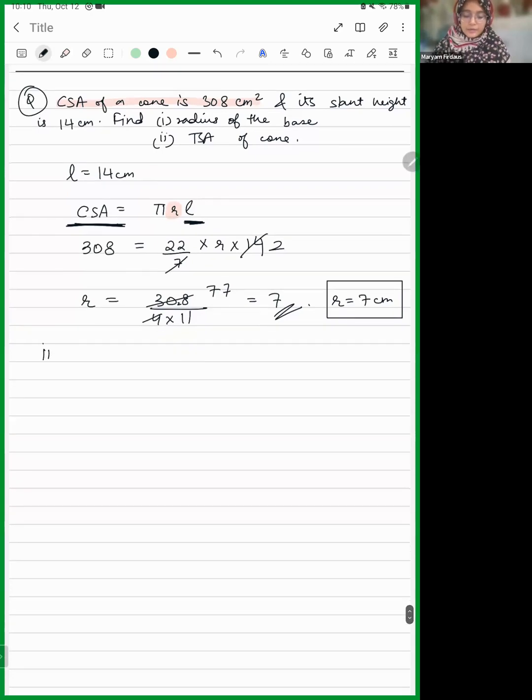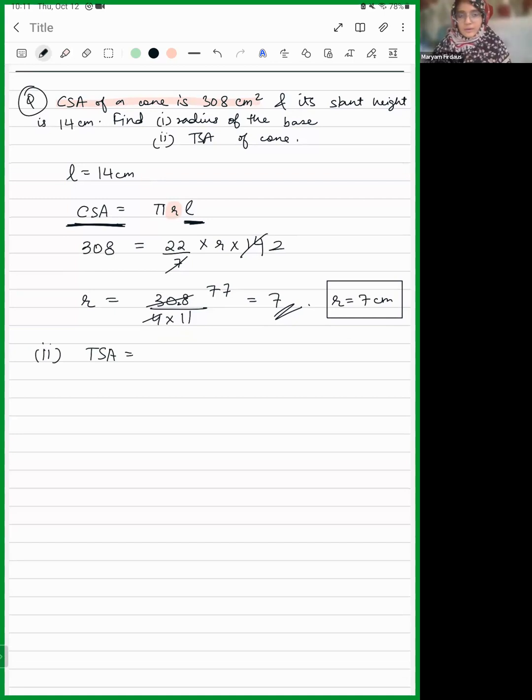Then the second thing we have to find is the TSA, total surface area, which is going to be how much? Pi RL plus pi R square.